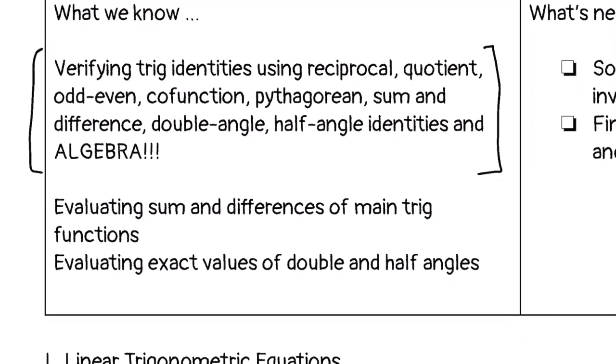Okay. We've also learned some more concrete things like evaluating sum and differences of main trig functions and evaluating exact values of double and half angles. And with this, we also talked about identifying which quadrants 2 theta and theta over 2 are in.